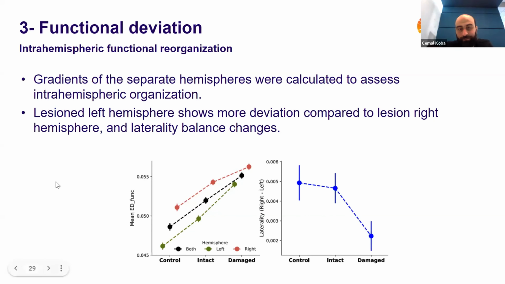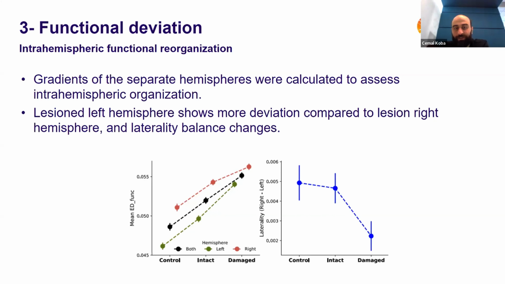And we saw that intrahemispheric functional reorganization in stroke patients is still depending on the side of the lesion. When you check the graph here, you can see control subjects have this right-left difference naturally.